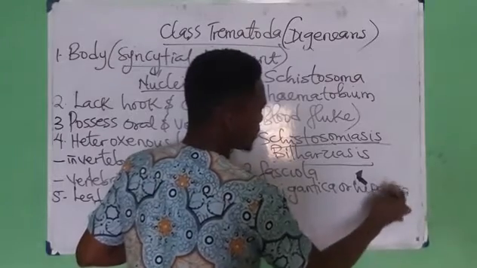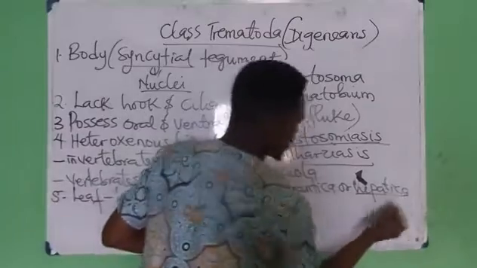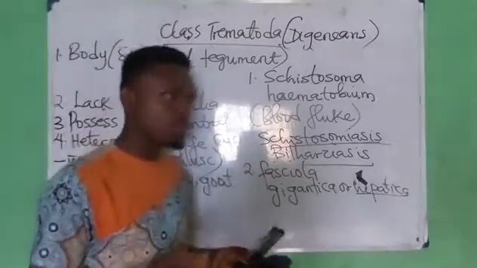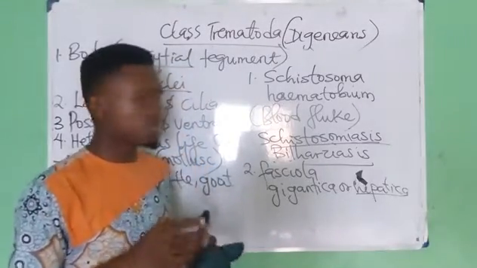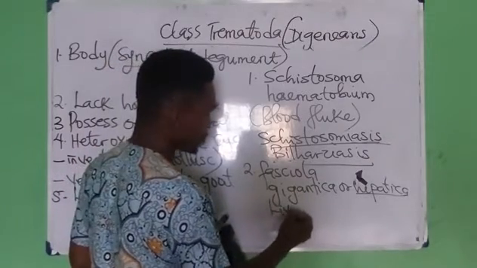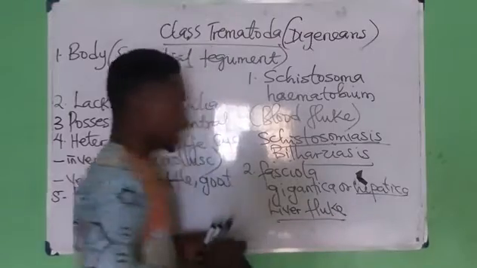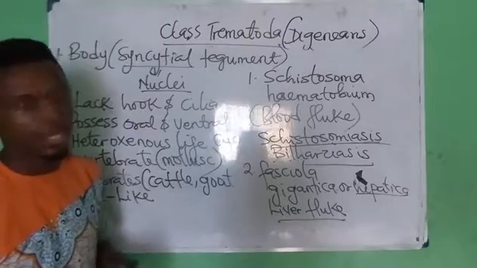Now, as the name implies, hepatica. What does that say? This word hepatica. You know, hepatic vein, hepatic artery, hepatic portal vein are all associated with the liver. Therefore, this organism is also called what? Liver fluke. Liver what? Fluke. It's also called liver fluke. Take note of that. It is very, very important.